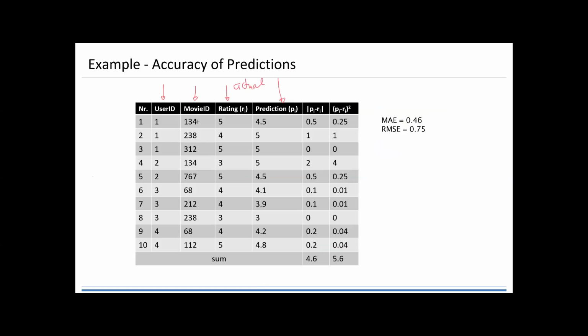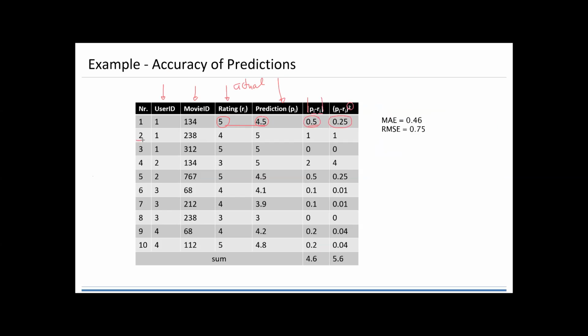If you look at this one, the rating is 5 and the prediction is 4.5. We take the absolute value of the predicted minus the actual, so the result is 0.5. When we square it, 0.5 multiplied by 0.5, the result is 0.25.